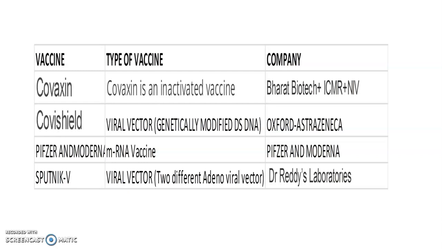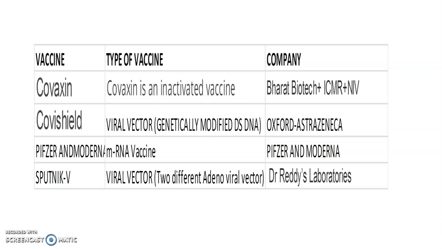Now the Pfizer and Moderna vaccines are mRNA vaccines. It's only a single-stranded mRNA vaccine. The vaccine contains material from the virus that causes COVID-19 that gives our cells instructions for how to make a harmless protein that is unique to the virus. In the Pfizer and Moderna vaccines, one of the more complex issues is the ultra-cold storage temperature.